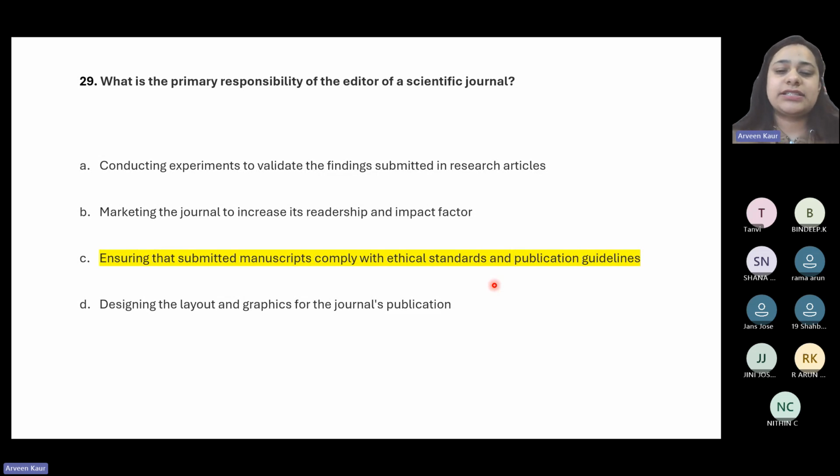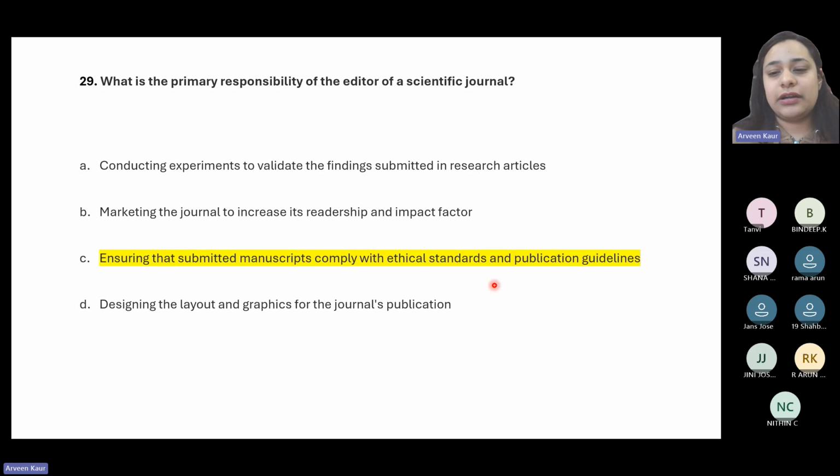acknowledged the funding agencies. They have correctly cited papers, right? They have cited their own research if they are referring to it anywhere in this current paper, right? Or if this particular scientific journal says that the main manuscript should not exceed maybe 10,000 words, the word limit has been kept in mind.